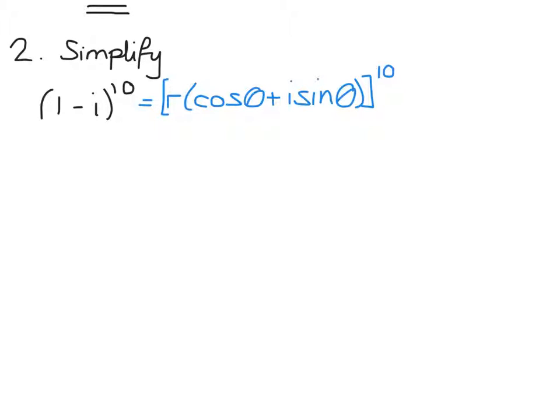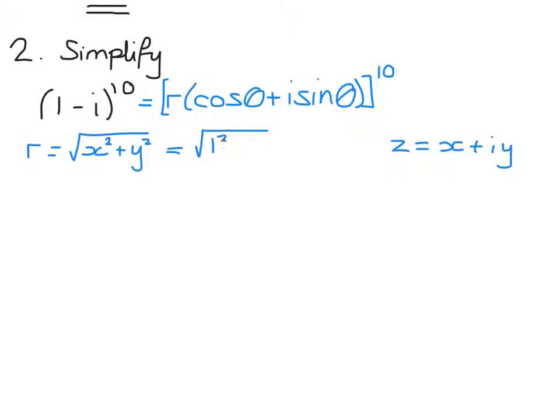So we know that r is the square root of x squared plus y squared if we have a complex number of the form z equals x plus iy. So here we have it being the square root of 1 squared plus 1 squared, which is simply root 2.